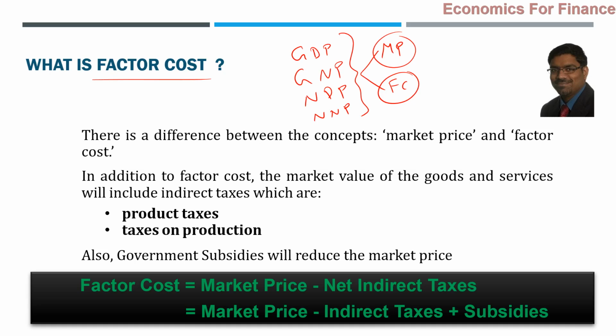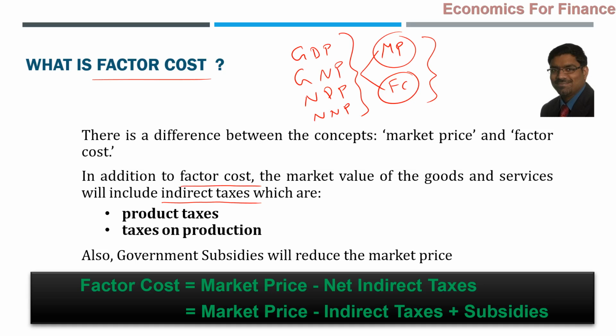Very important difference between market price and factor cost. Factor cost means cost. Market price includes naturally profit, and most importantly, the difference between these two is that market price includes indirect taxes. So simply the market value of the goods and services will include indirect taxes in addition to the factor cost.